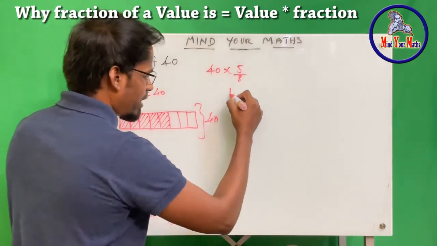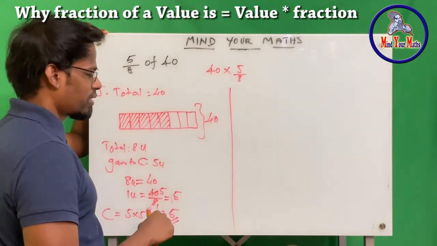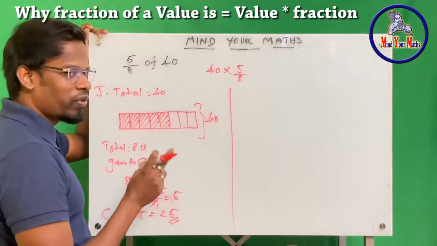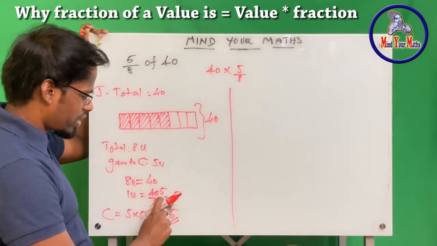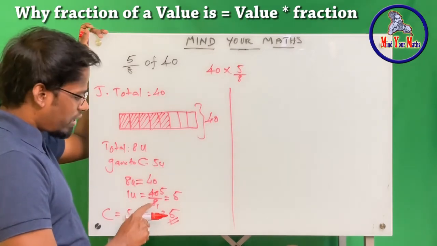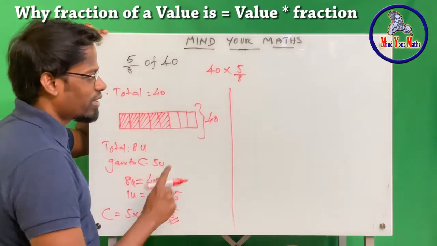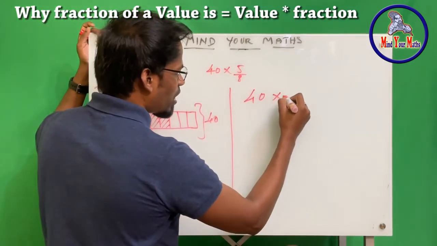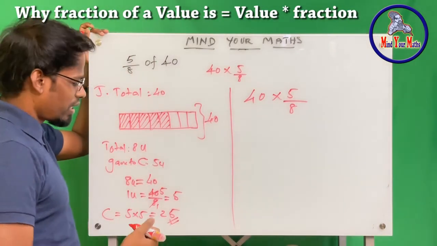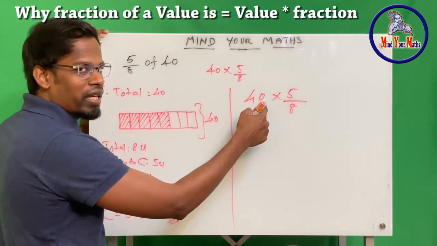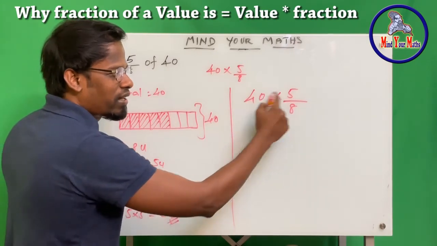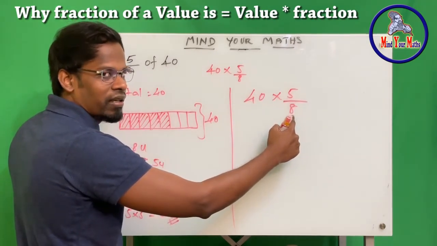Let me explain from the diagram. What is the first step that we did here? We drew the picture. The next step was to find what 1 unit is. For 1 unit, we divided by 8. Let's see if that is what we are actually doing here. You see, the 40 goes to the numerator and the 8 goes to the denominator, which means whatever is at the numerator needs to be divided by the denominator.